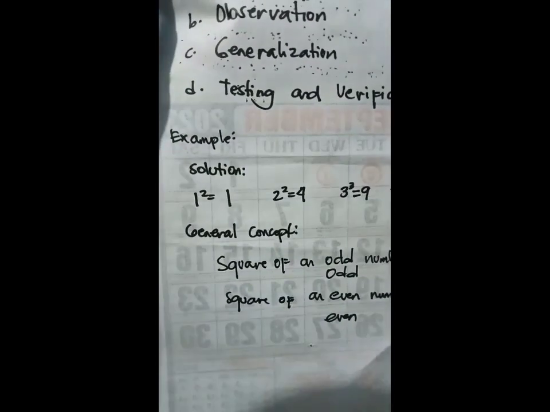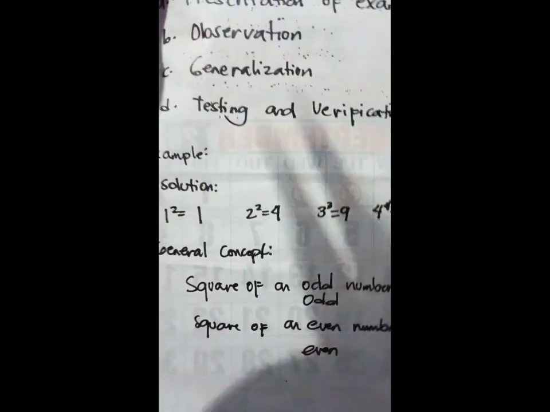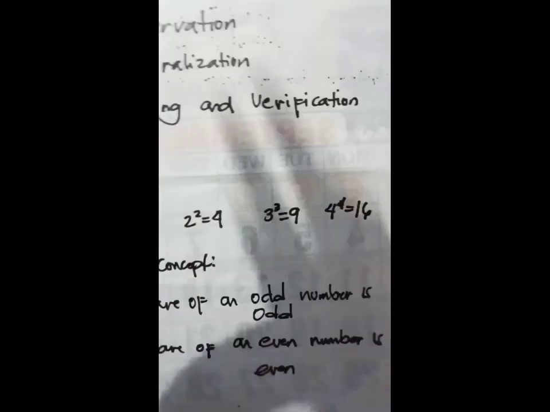We will see example number 1. The solution: 1 squared is equivalent to 1. 2 squared is equivalent to 4. 3 squared is equivalent to 9. And 4 squared is equivalent to 16.